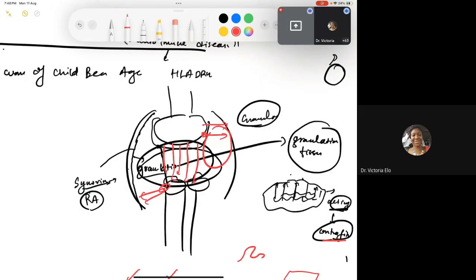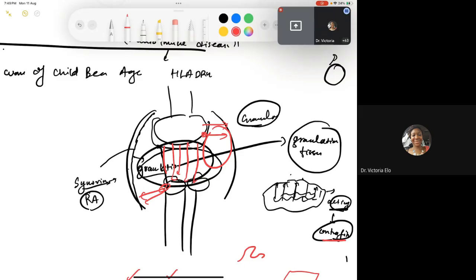All right. So for rheumatoid arthritis, it's commoner in females, it's an autoimmune disease, a chronic inflammatory disease. What happens is you have a joint with the synovium. When you have inflammation in the joint, you have formation of granulation tissue.